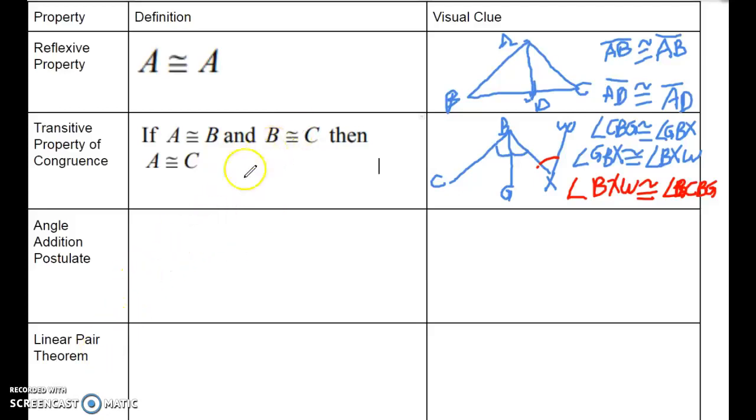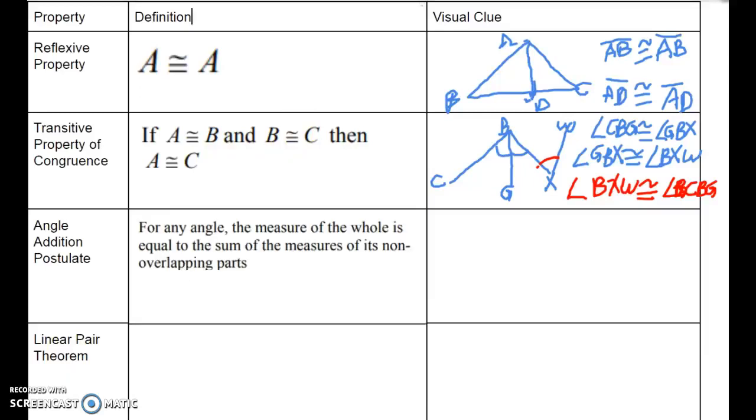Okay. Angle addition postulate. Angle addition postulate simply says that for any angle, the measure of the whole, or the entire thing, is equal to the sum of the measures of its non-overlapping parts. Okay, so here we go. We've got this angle here, and inside there, you've got that angle.